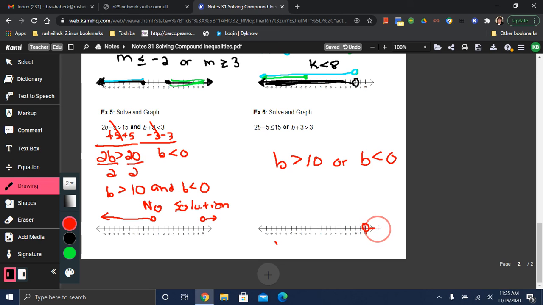So B is greater than 10, or B is less than 0. And so for an or statement, that actually is your solution to this. Not an and, that would be a no solution, but or, this would be your solution.